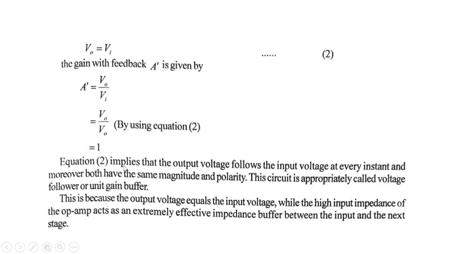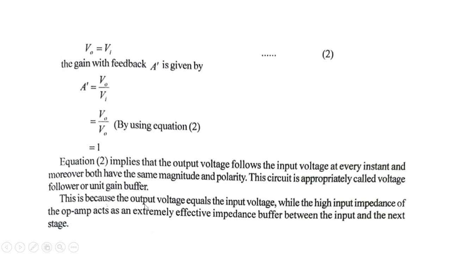So equation 2 implies that the output voltage follows the input voltage at every instant and moreover both have the same magnitude and polarity. This circuit is appropriately called a voltage follower or unit gain buffer.